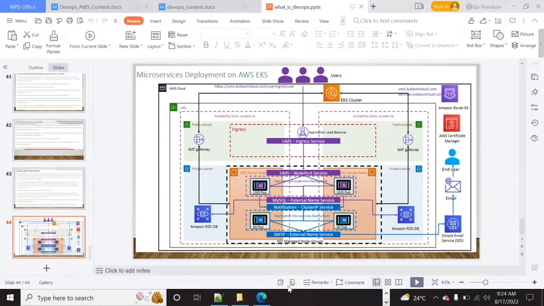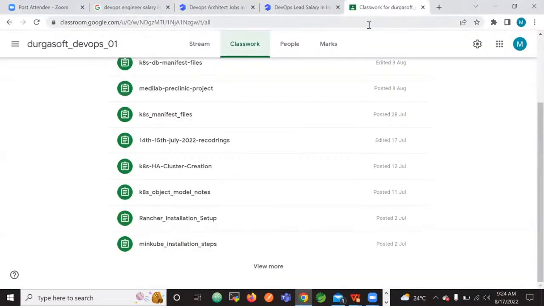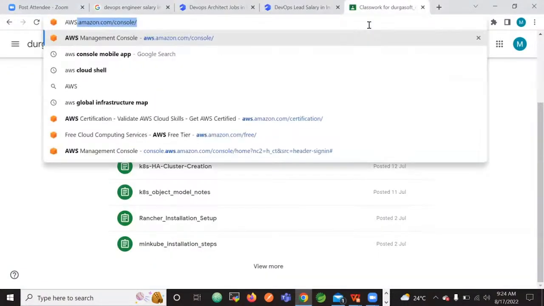How do we set this up in our local system, or should we directly use AWS? Usually we set this up on the AWS cloud platform only. I don't encourage having it on our local machines. Everything we will take on the AWS platform only.